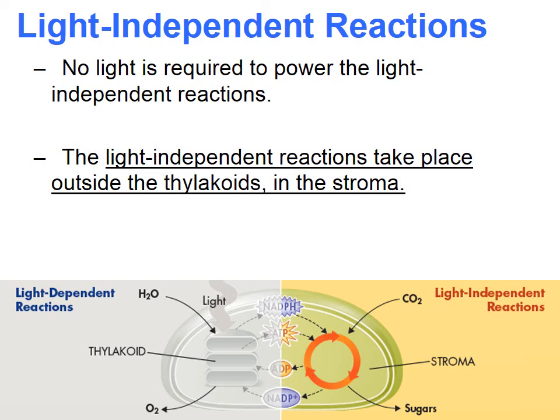All of that goes into the light independent reactions along with the carbon dioxide. And what's produced? We have sugar, NADP plus, and ADP. In the next section, we'll be talking about individually how all these things are used. But right now I want you all to just get the general picture of what's happening. And you've got to know what goes in each, the light dependent side and light independent side, and what the products are of each side.